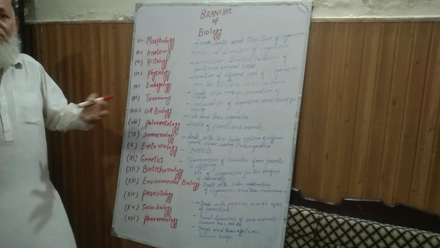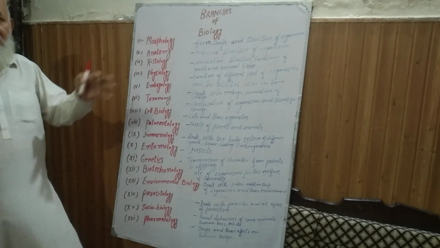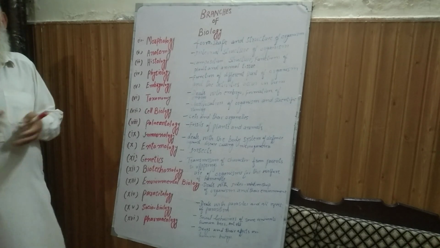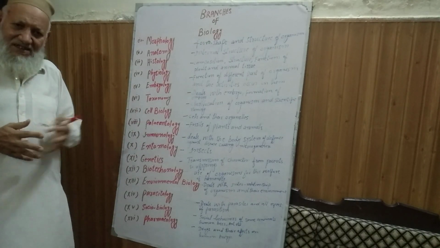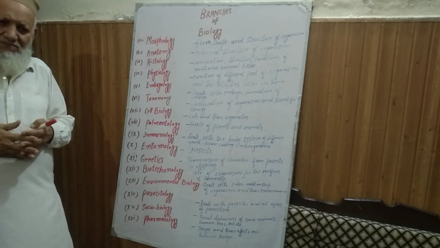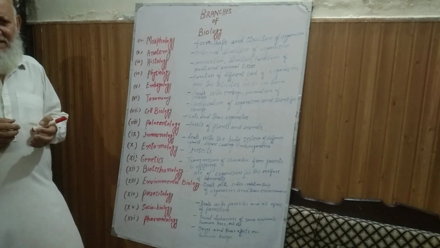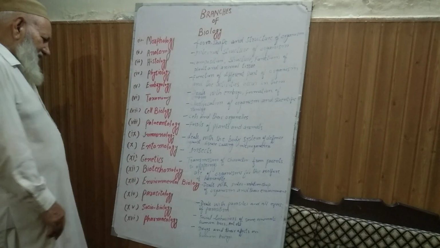There are so many professors who have conducted research on these things, and they try to produce some material from living organisms which is beneficial for the society of the country.